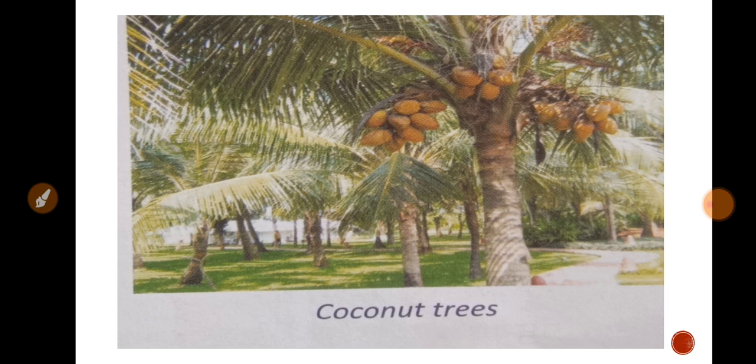See, this is an example of terrestrial plants. Plants which grow on land, like coconut, mango, guava, papaya, are all called terrestrial plants.